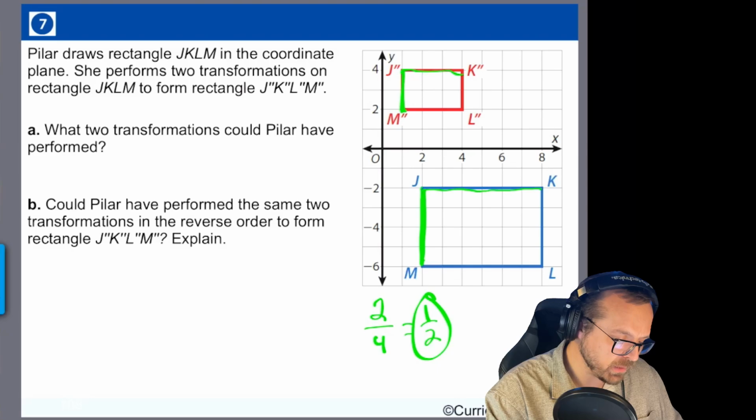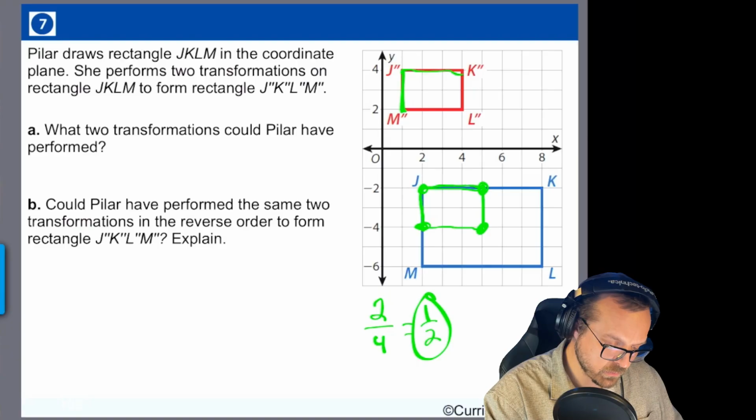If I multiply everything by 1/2, let me show you what I'm doing there. 6 times 1/2 would give me 3, so that's going to be one side. 4 times 1/2 is going to give me 2, and that's going to get me this rectangle right here.